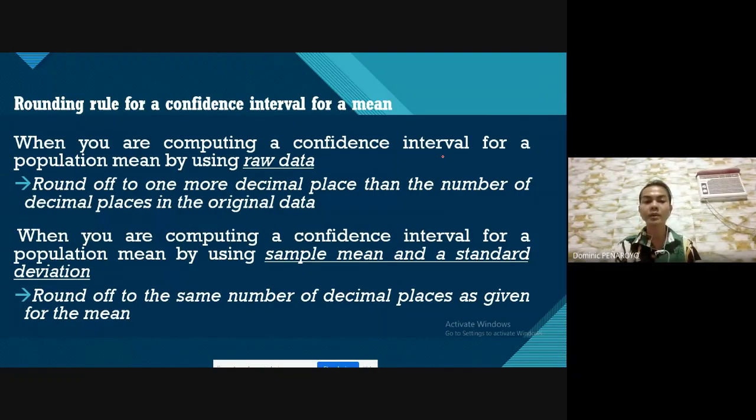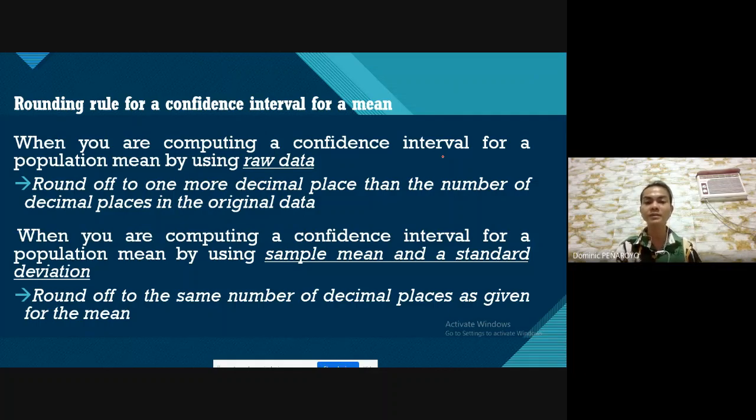Next, when you are computing a confidence interval for a population mean by using the sample mean and standard deviation, round off to the same number of decimal places as given for the mean. So if the sample mean is a whole number, your final answer should be a whole number as well.